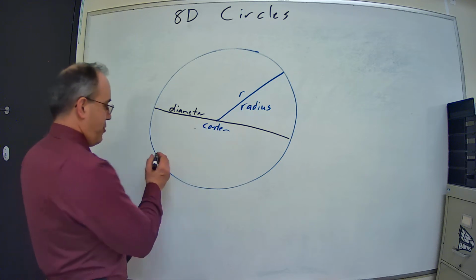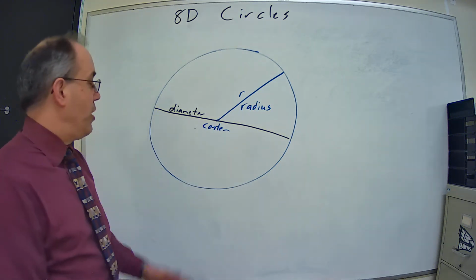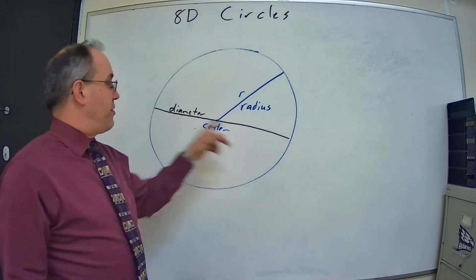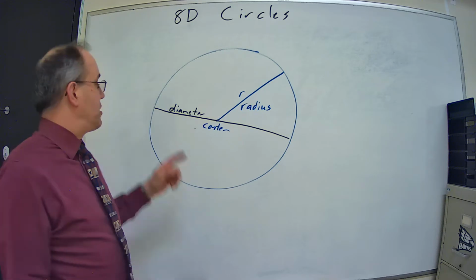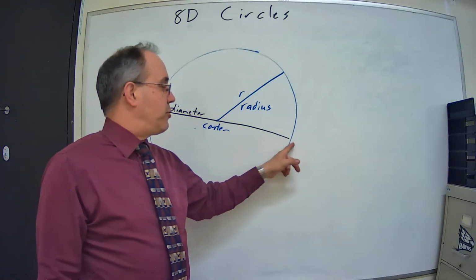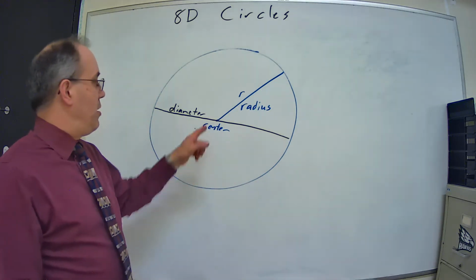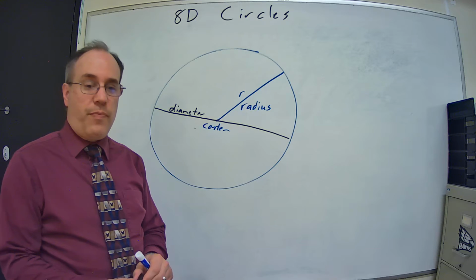So you can't do it as like this point to that point. That would be considered a secant. We're not going to deal with that. But diameter is a line that passes through the center of the circle, and it's the measure from one point on the circle to the other point on the circle when passing through the center of the circle.